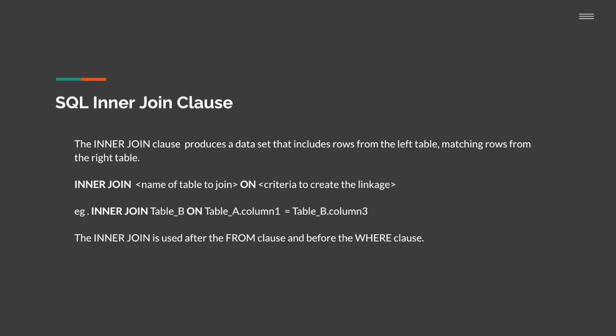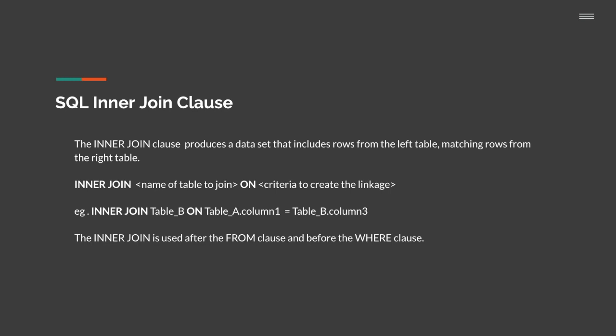For example, let's say that we wanted to join table B onto table A, then our inner join clause would look like this. We'd first provide the inner join keyword, then we'd specify table B, then we'll provide the on keyword, and then we'd provide the criteria.